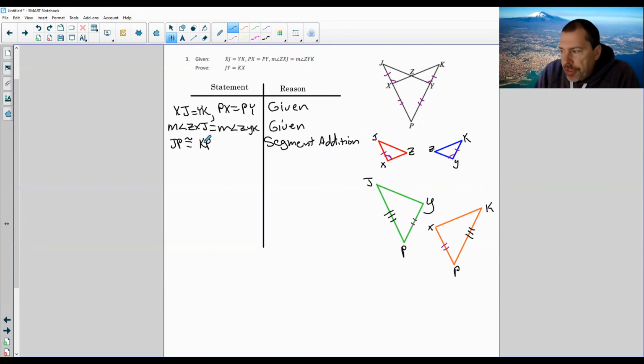JP is equal to KP. Okay, here we go. So now I can say the measure of angle JZX, oh I see now, it just jumped out at me. The measure of angle JZX is congruent to or equal to the measure of angle KZY because they're vertical.